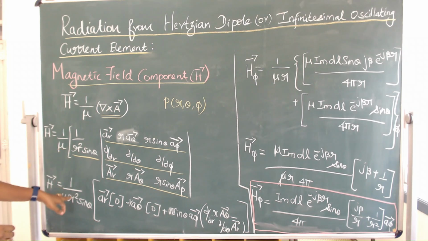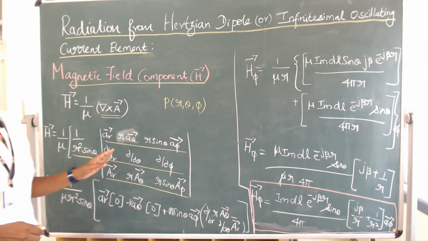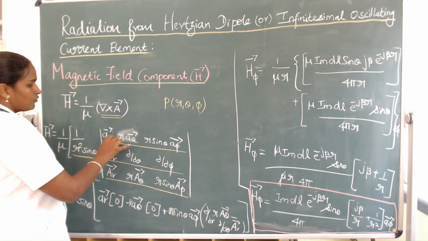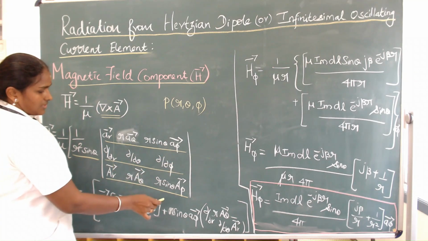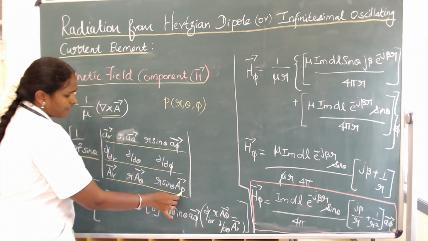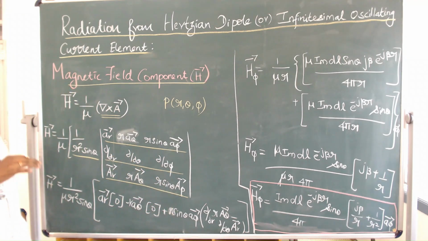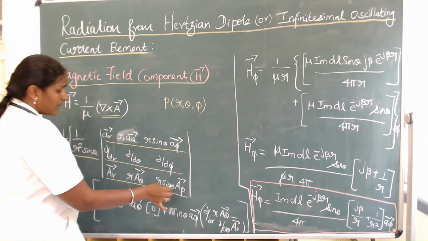So 1 by mu r square sin theta will be as it is. If we expand this determinant, first we expand along the first row and first column. If we remove the first row and first column and cross multiply the remaining terms, we get r sin theta A_phi into dou by dou theta. We all know that A_phi is 0, as we have seen previously, so this term will be completely 0.